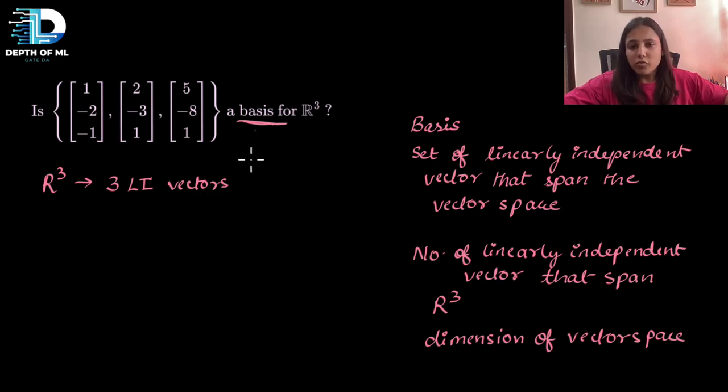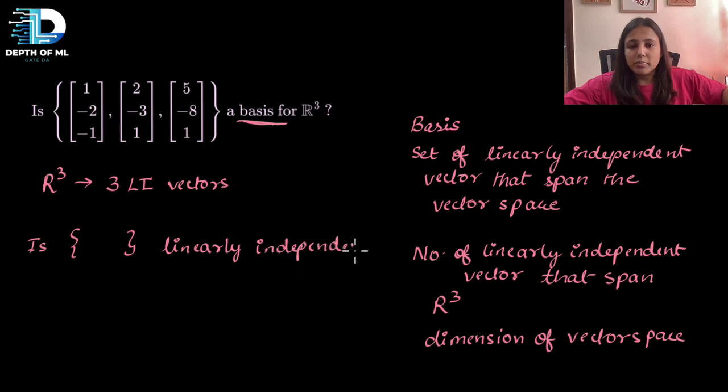So what we have to find here is whether these three vectors are linearly independent or not. The question of whether this is a basis for R3 gets reduced to whether this set is linearly independent or not.